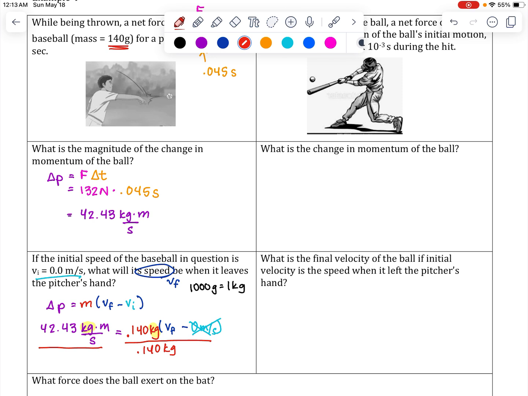It didn't make sense to me, so I went back and looked and noticed that the mass was different. You should be able to ask, does this make sense? Does this not make sense? Okay, so divide by 0.140 kilograms.